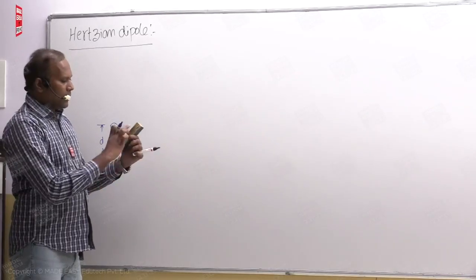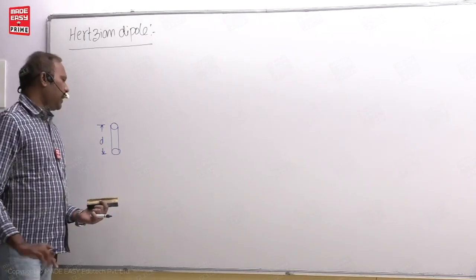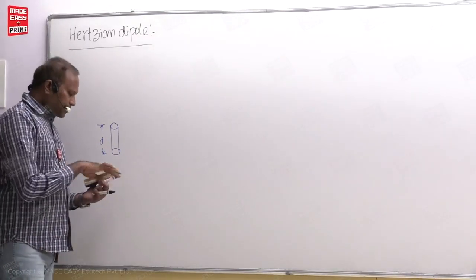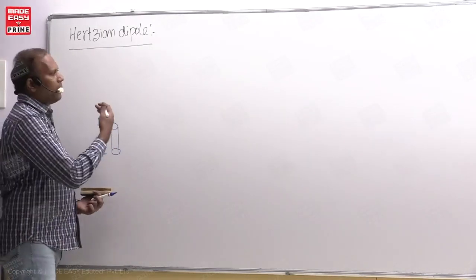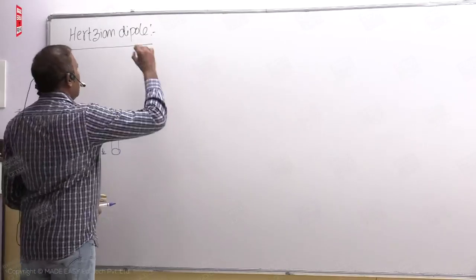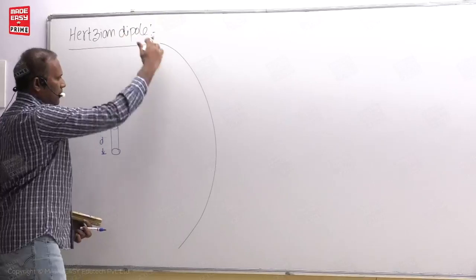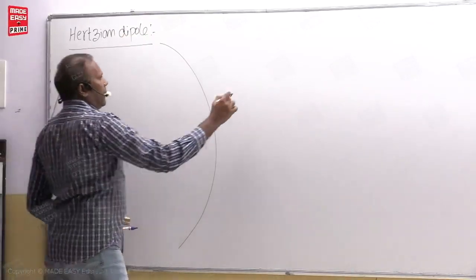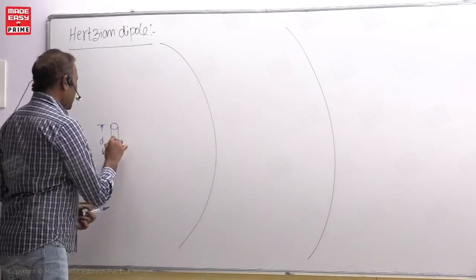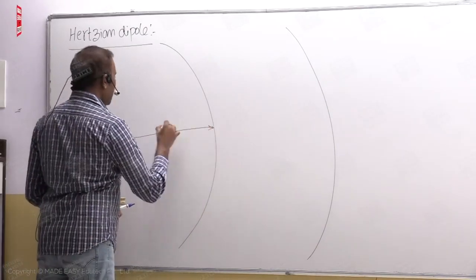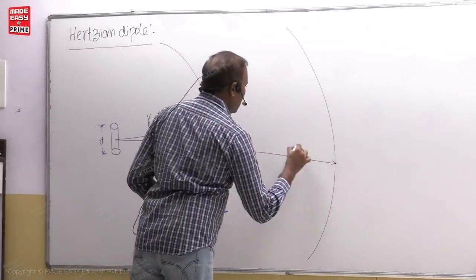Out of three dimensions, this is the largest dimension, where d is the largest dimension of the antenna. I will write that there. Now, if we send current in this, then EM waves are released here. Up to some distance, like this is actually a sphere here, like this. So, up to some distance from the antenna, let us say the radius is R1, and let us say this radius is actually R2.